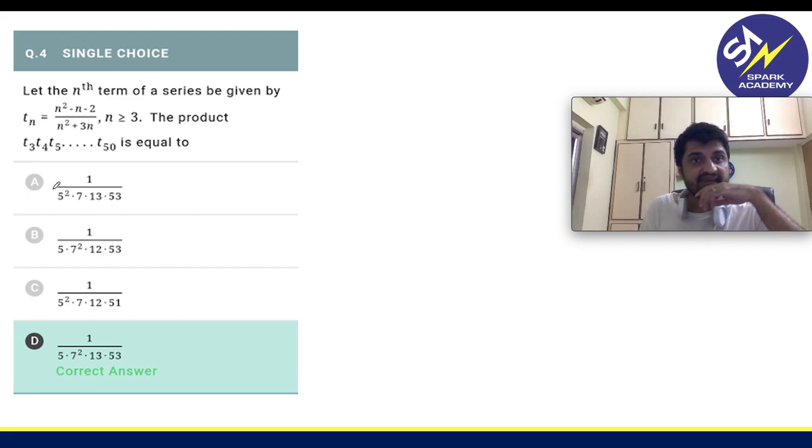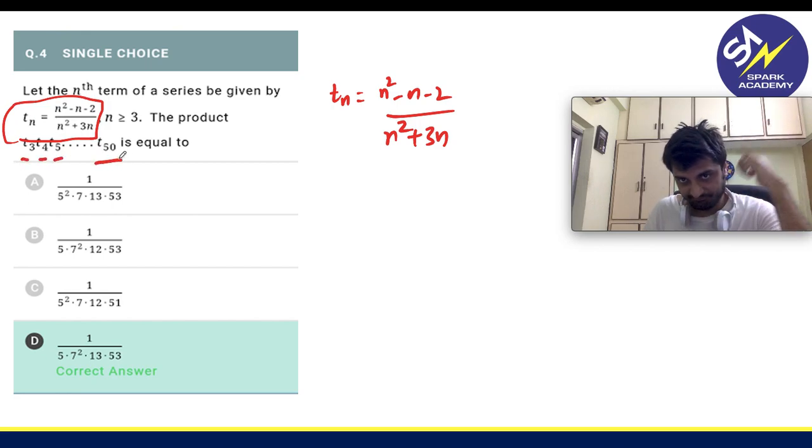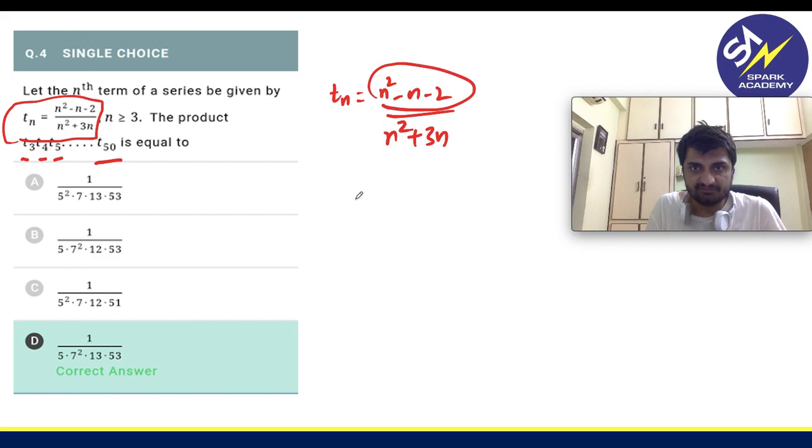Next question: the nth term of the series is given by Tn, which is n square minus n minus 2 by n square plus 3n. So T3 into T4 into T5 up to T50 is what they're asking. How will you solve this? I can take LCM actually.